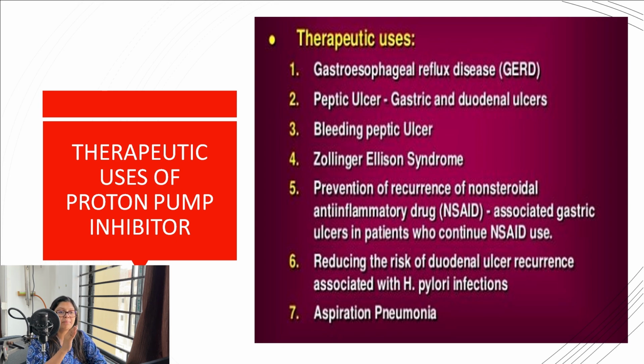So the preventive use of PPIs is also one of the measures we can take to reduce this ulcer. Next is GERD, that is the gastroesophageal reflux disease. There also the proton pump inhibitors are used. So the following diseases you can cite as examples where a proton pump inhibitor is the drug of choice.